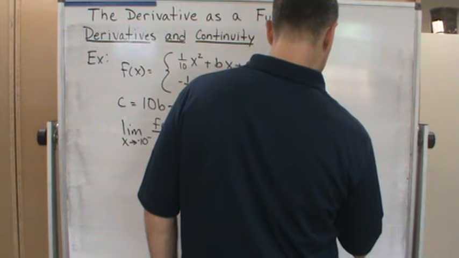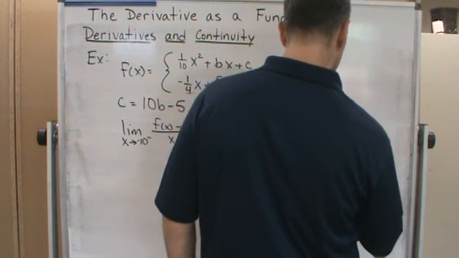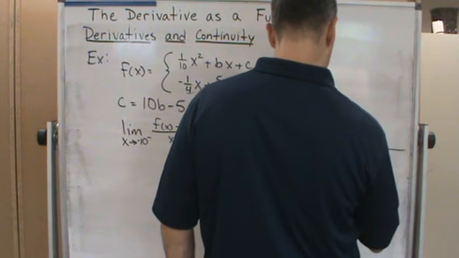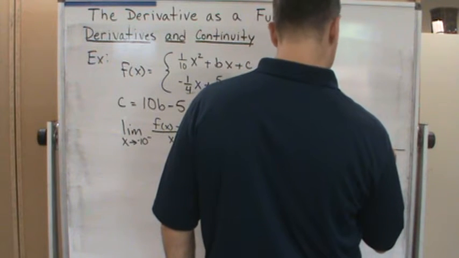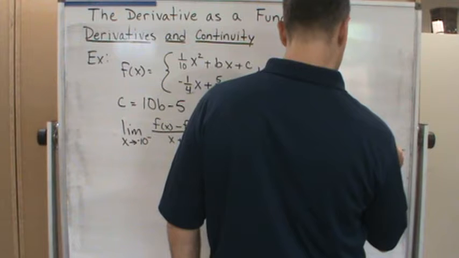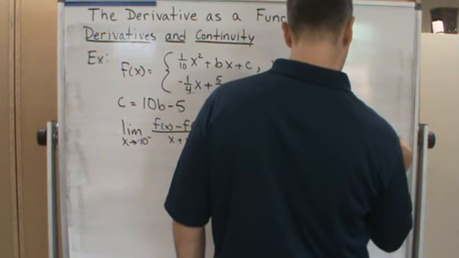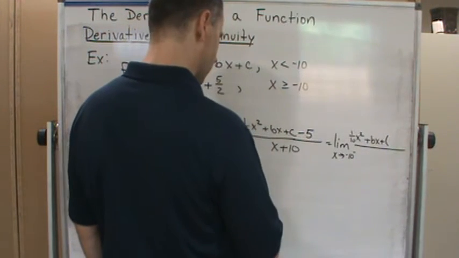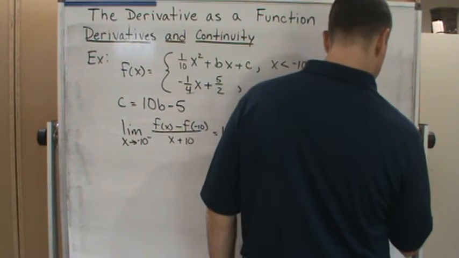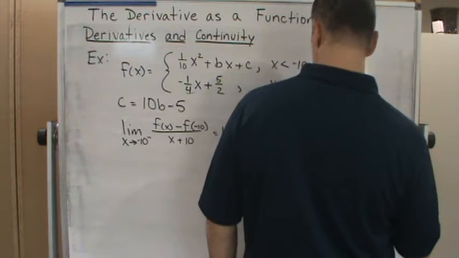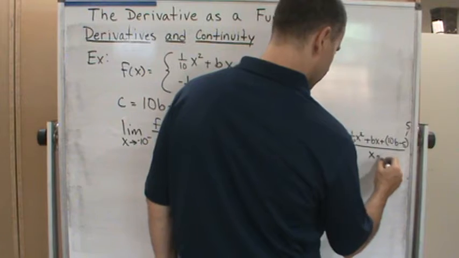And so this becomes the limit as x approaches negative 10 from the left of 1/10 x squared plus bx plus c, and c is going to be 10b minus 5, and then of course minus 5, and then we have x plus 10.